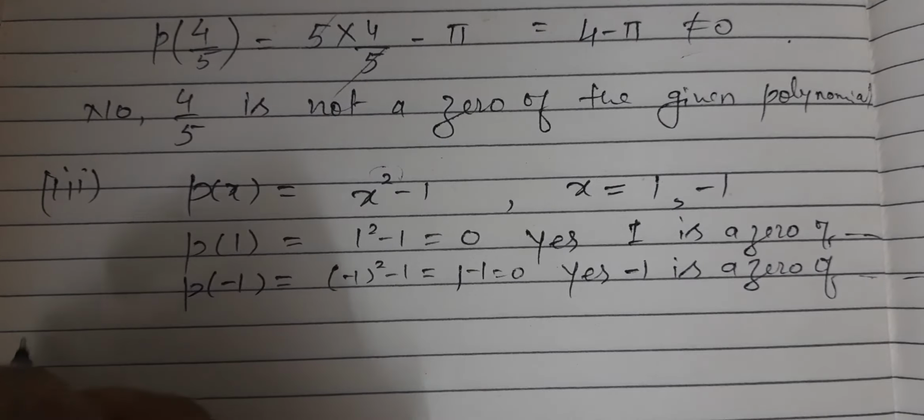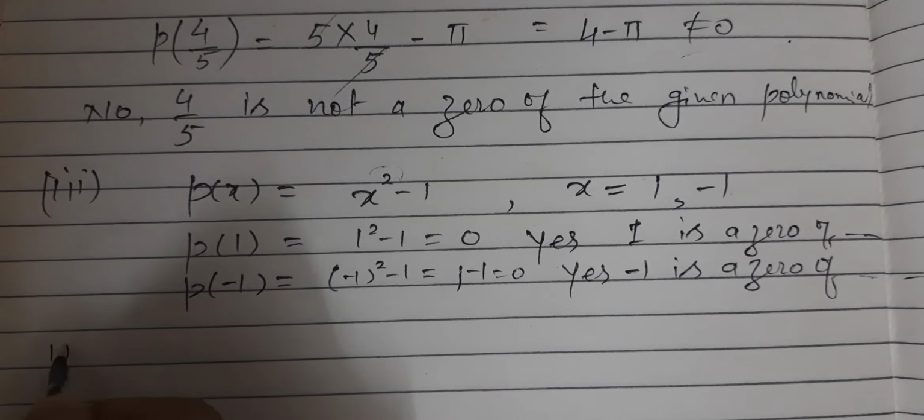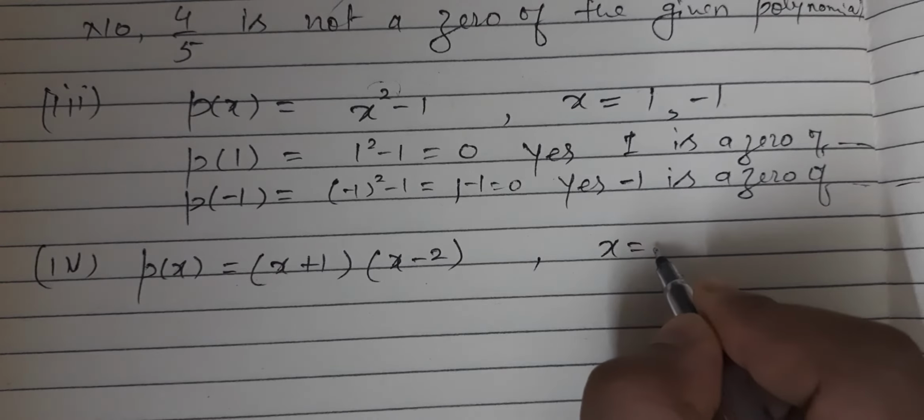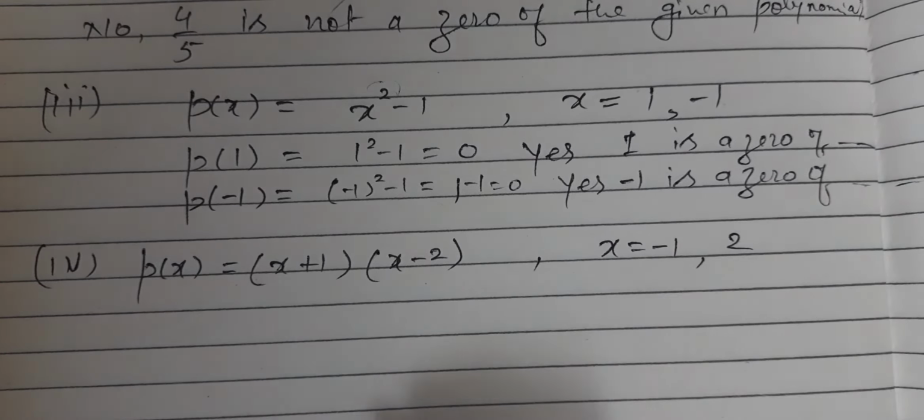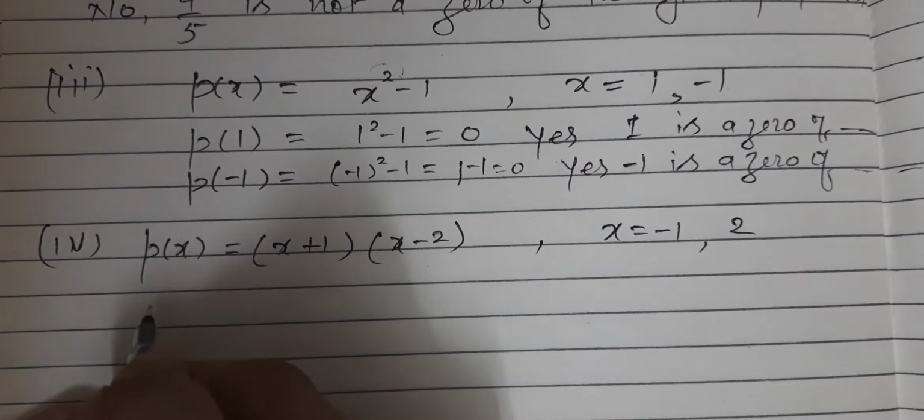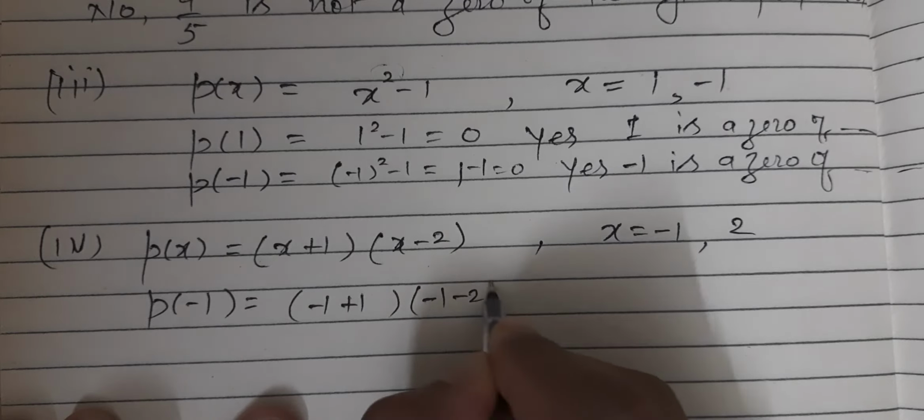Okay children. Now next polynomial is p of x is equal to x plus 1 times x minus 2. And we have to check the value of x at minus 1 and 2. So first we'll find for minus 1. So minus 1 plus 1, and here minus 1 minus 2.